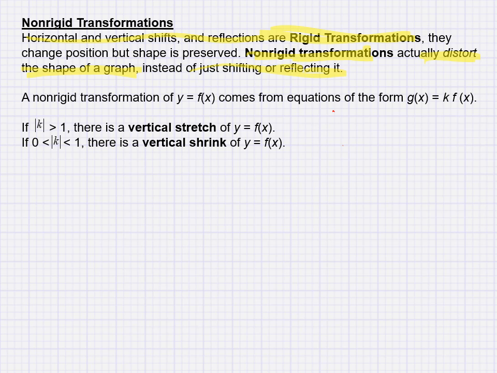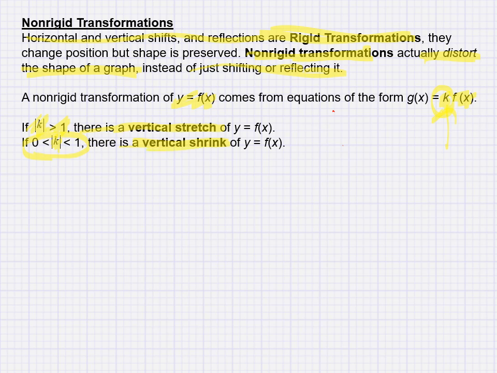So the idea here is, if you took a function and then you altered it by multiplying that function by some constant on the outside, k, whatever that constant multiplied on the outside is, if the absolute value of it is greater than 1, you have what we call a vertical stretch. If the absolute value of that constant is between 0 and 1, you have a vertical shrink.